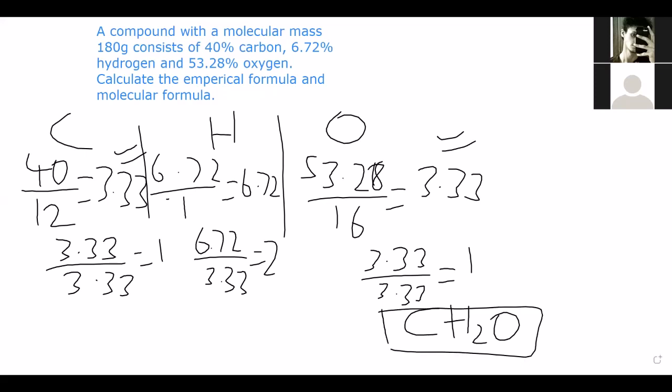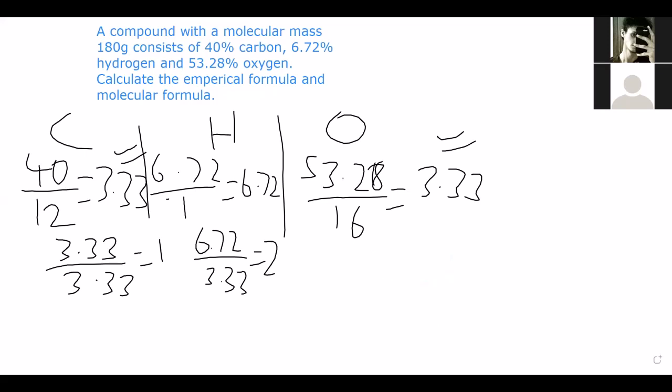Now for the molecular formula, we first have to find the empirical formula mass.